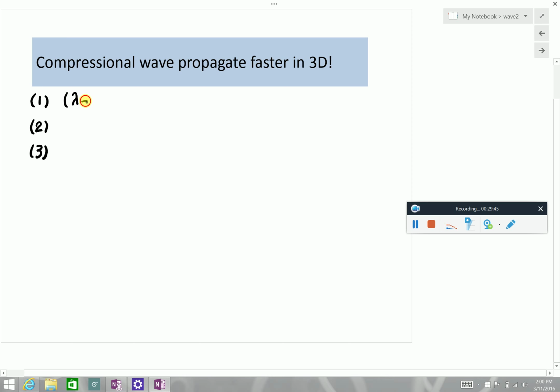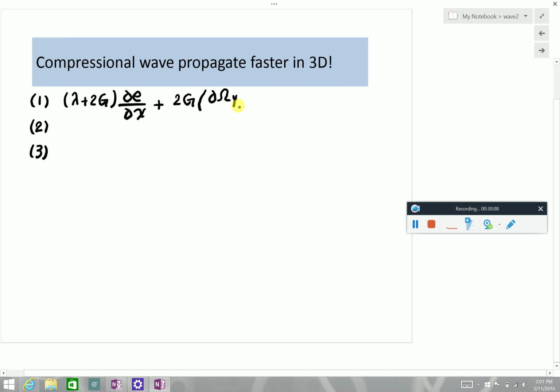Lambda plus 2g times the derivative of e with respect to x, and then we have 2g, and this term will be in terms of rotational strains.